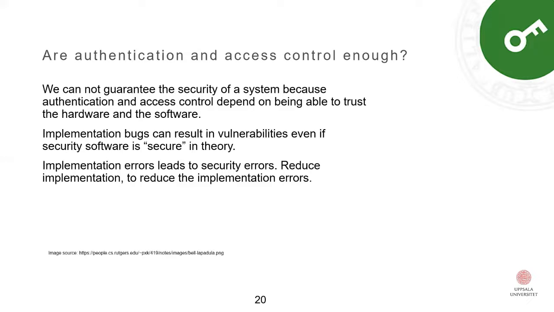So you might have a very strong authentication and access control for a system, but the underlying software is buggy so that it leaks information, or it can be misused so that the information is leaked. So implementation errors in the software are very important to be checked for so that they do not result in security issues.